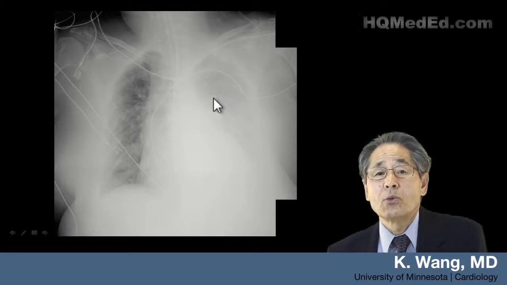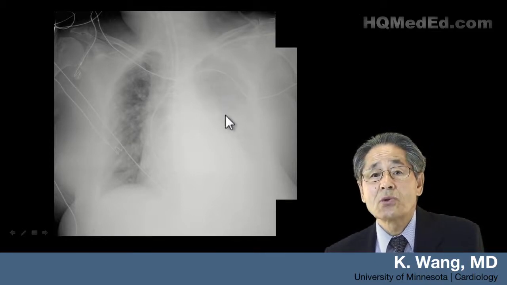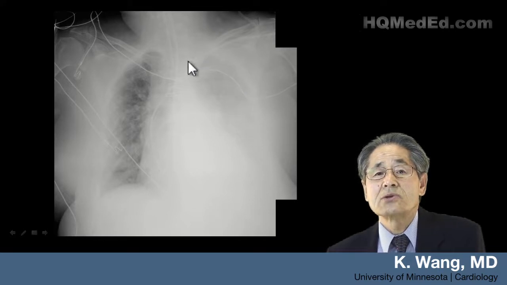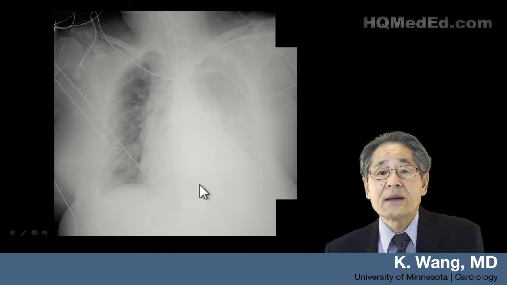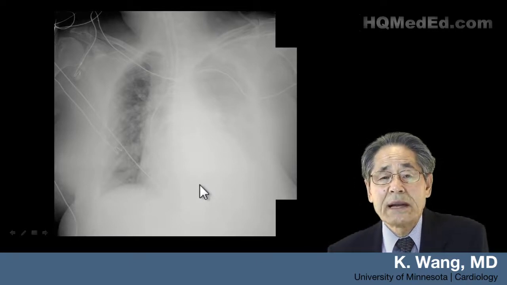So when you see the lung markings go beyond, there's no collapse of the lung. This is a unilateral pleural effusion with the X-ray taken in supine position, mimicking massive atelectasis of the left lung.